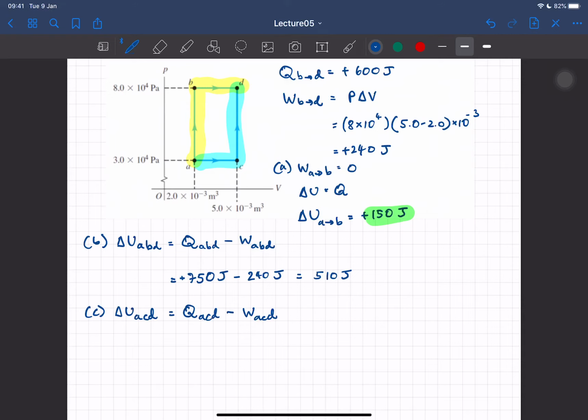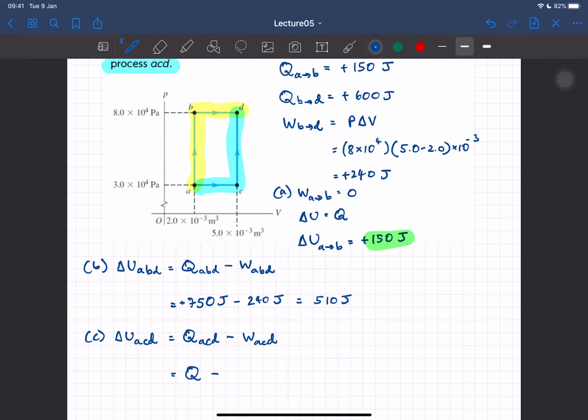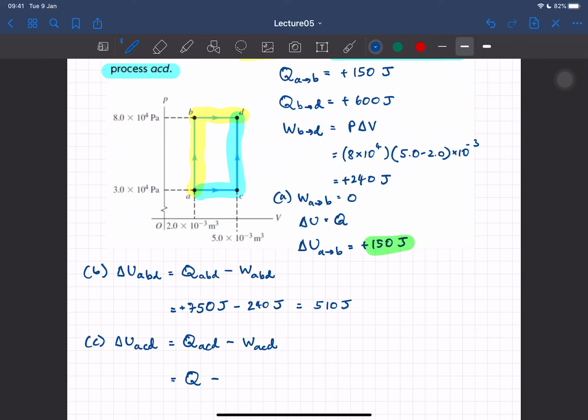Okay, and Q is what we are trying to find. So let me just write Q because we know what we are talking about. And then minus the work done, ACD. Well, the work done from A to D, going through point C, is only this area here, right? Because from C to D, there's no area, so the work done is 0. So you only need the area of this rectangle to write down the work done.